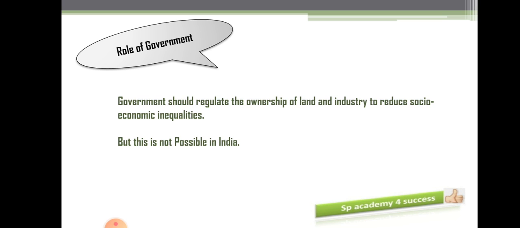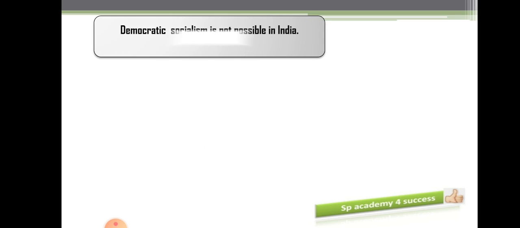But here, the question is, is this possible in India? Do we have social and economic equality in India? No, this is not possible in India. This democratic socialism is not possible in India. Why?